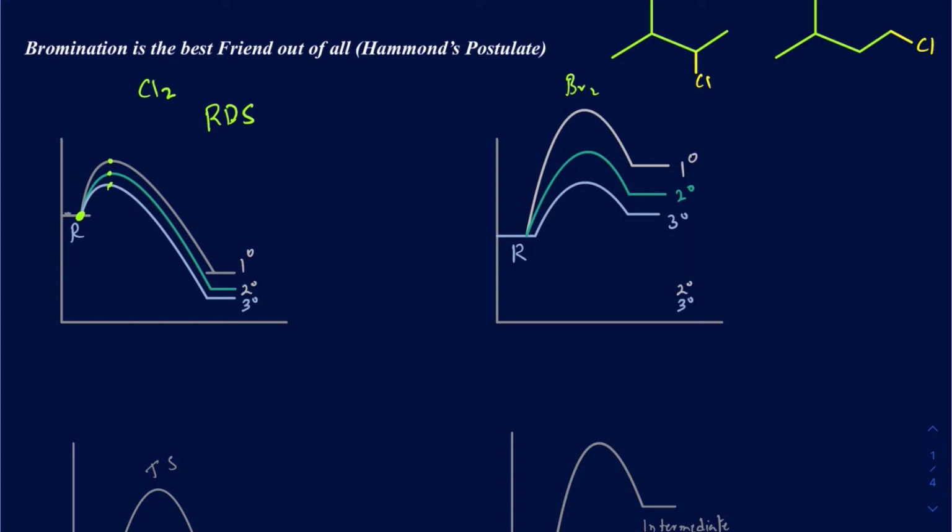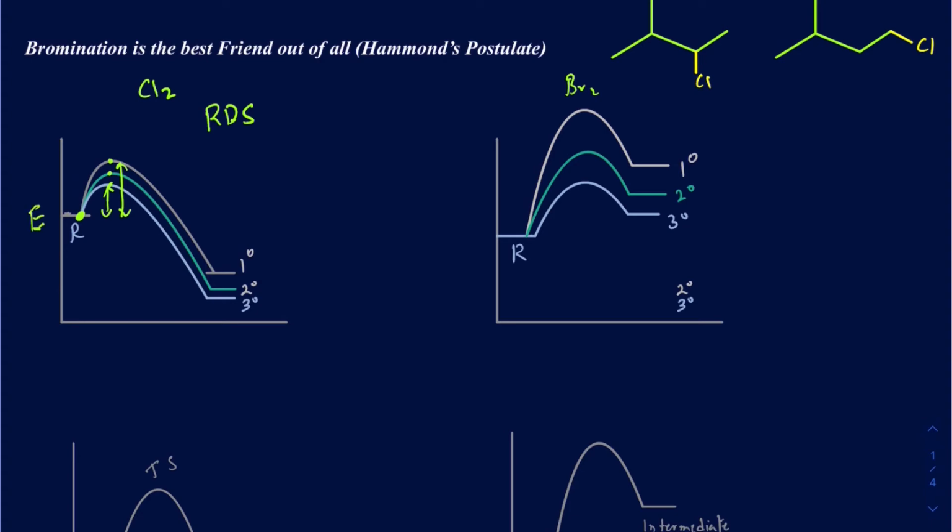However, the activation energy for the tertiaries is indeed going to be the lowest. So that's why it is more likely to take place. But if I compare the activation energy to make the tertiary radical to the activation energy to make the primary radical, obviously the energy difference is not big enough. So that's the take-home message in the case of chlorination.